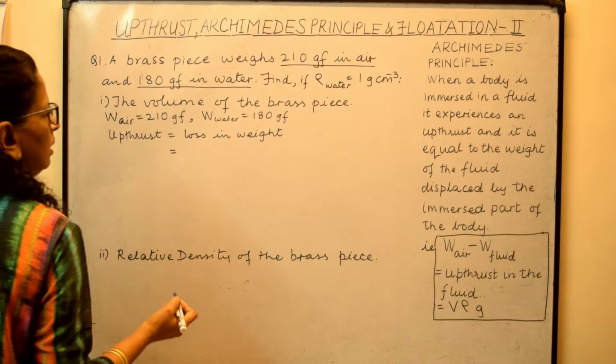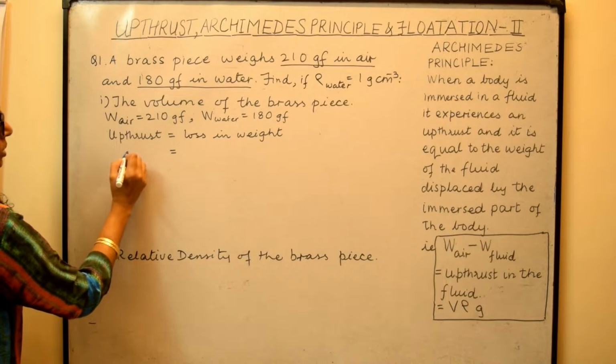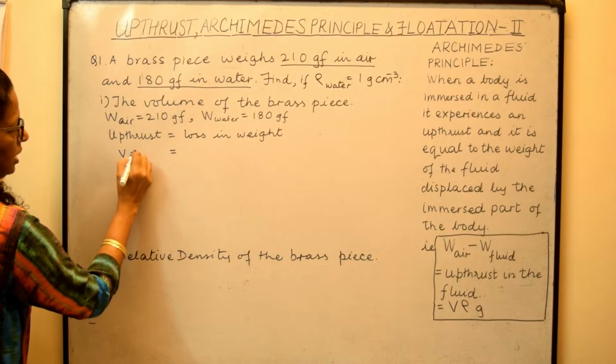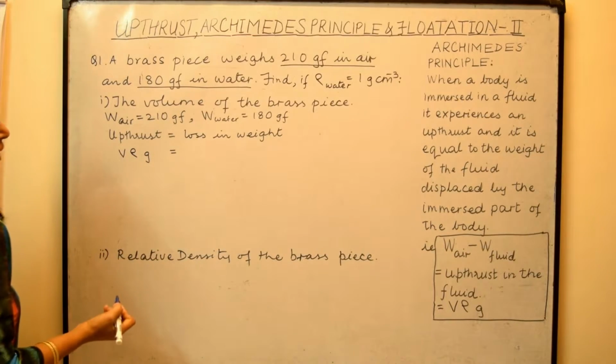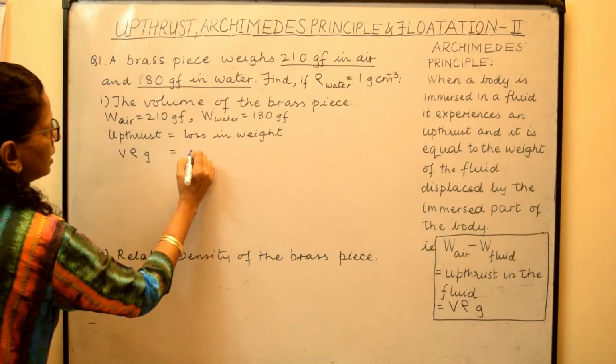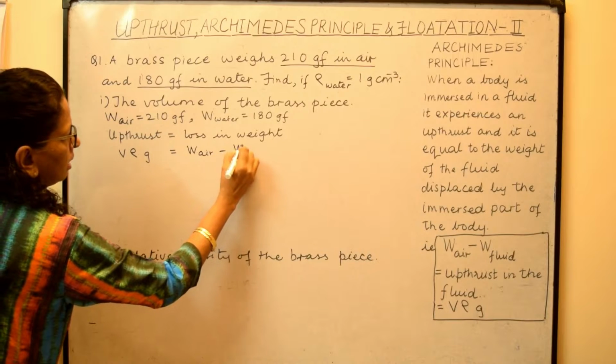experienced in the liquid. So upthrust is going to be loss in weight, and upthrust is V rho G, which we already learned in the earlier video, and the loss in weight is going to be W air minus W water.